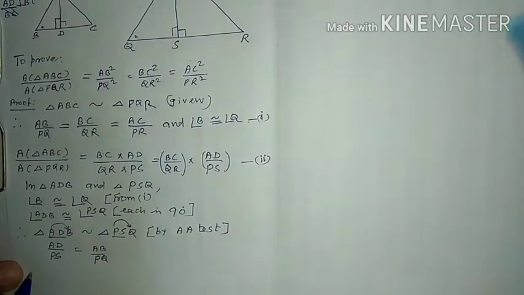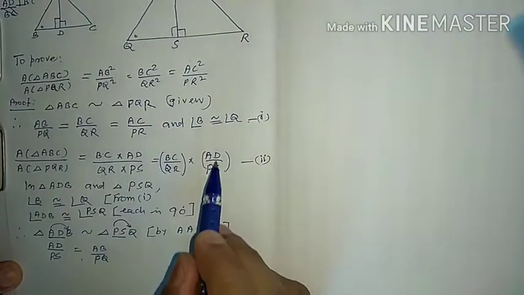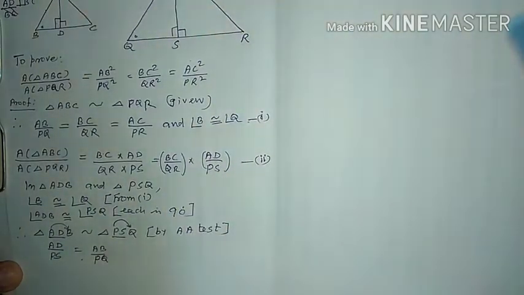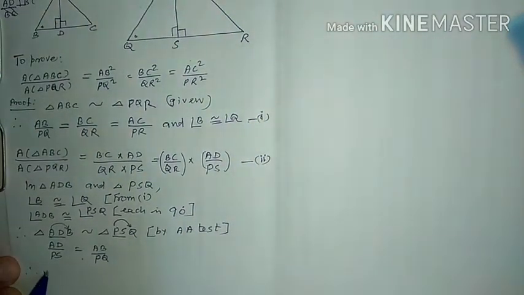This we get. We come back to the area of the triangle: here AD upon PS, we put AB upon PQ. This is the second result we take.